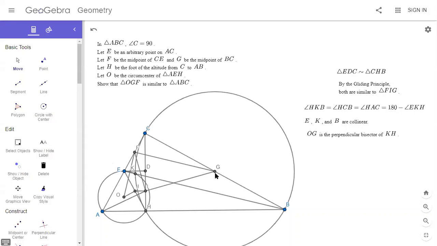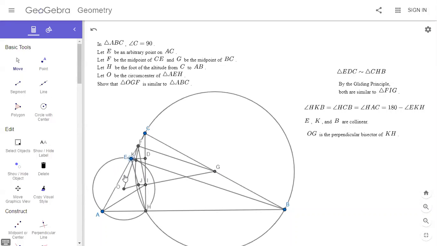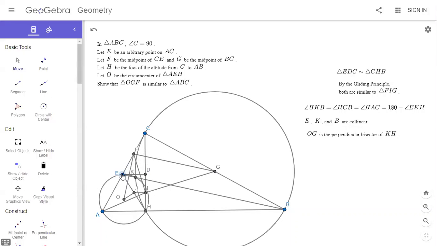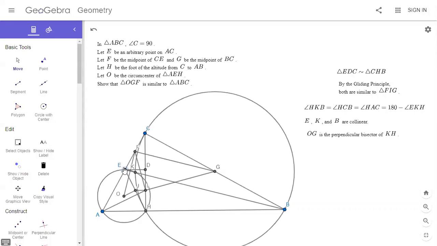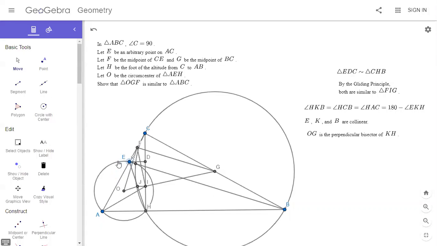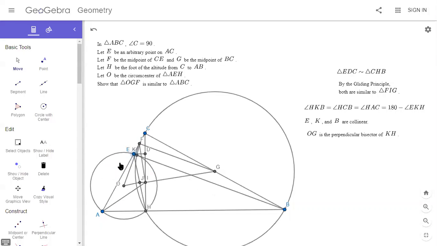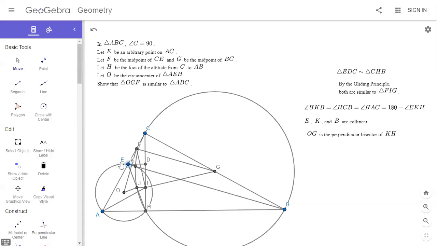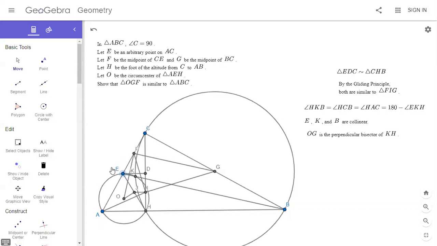Yeah, no, I see what you're saying. In other words, we can move E, but G is fixed. So it couldn't be that AO and G are collinear, right? That's basically what you're saying, right? If we move E around, G stays in the same place, but O changes. So it can't be that AO and G are collinear, right?